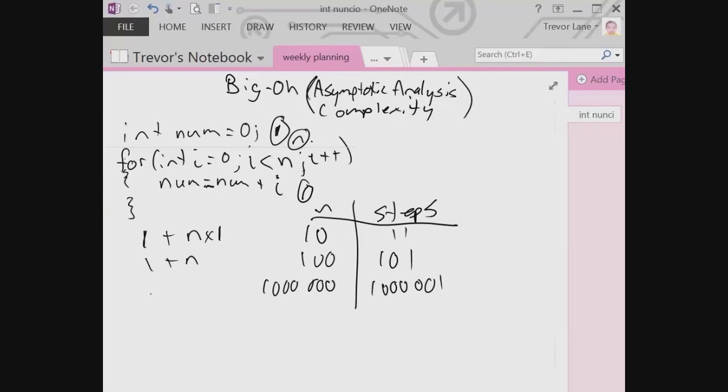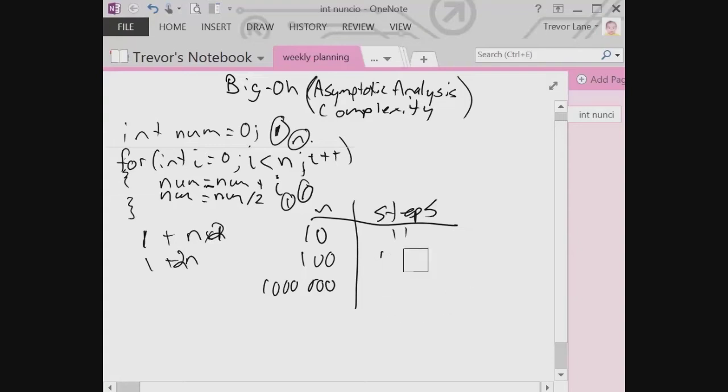If we were to modify this and do something else inside the for loop, let's say, for example, num equals num divided by 2 now. Doesn't really make a difference. Essentially, instead of one operation here, we'd have another one. So we'd have 2 times n. If we modified this a little bit, obviously our values for our steps are going to be a little different.